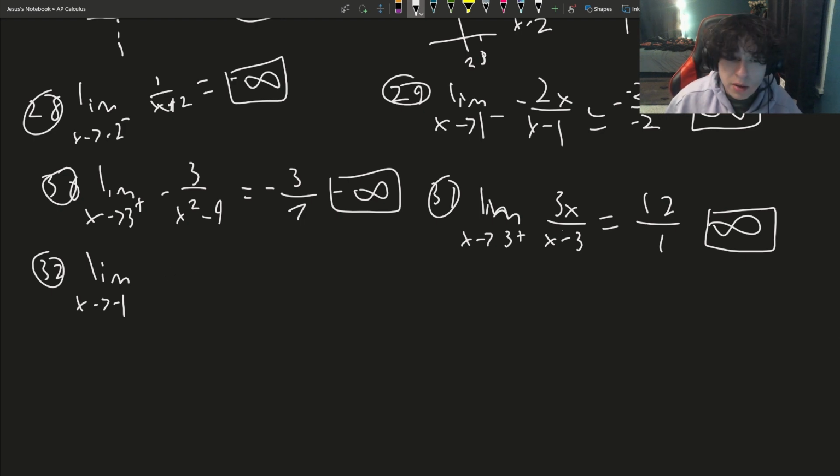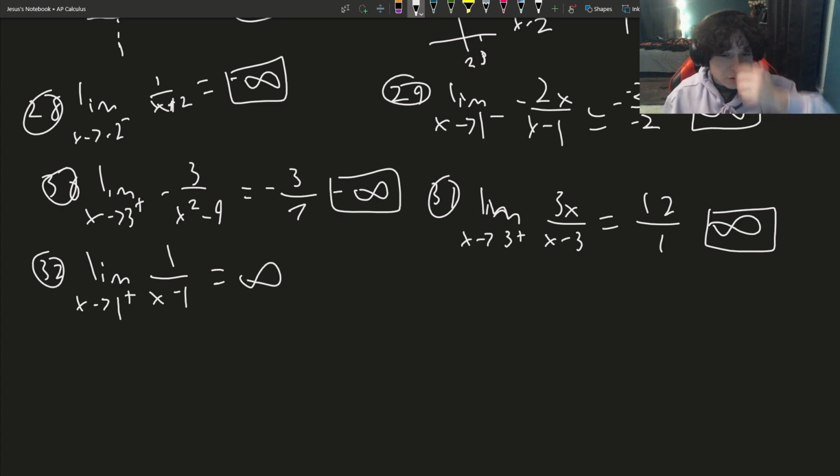Looking at the wrong problem. 32 is 1 from the right of 1 over x minus 1, but we can't plug it in, so we choose a bigger number than 1 because it's coming from the right, which would be 2. So 1 over 2 minus 1, and 2 minus 1 is just 1, so that's a positive number, so it's reaching infinity.